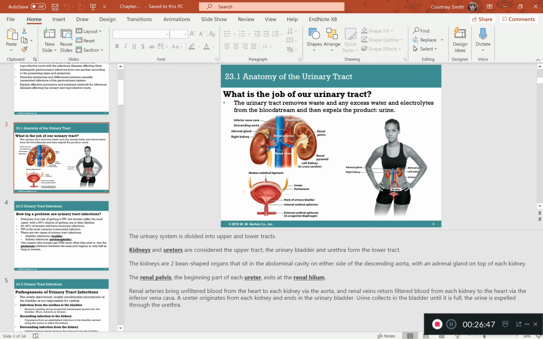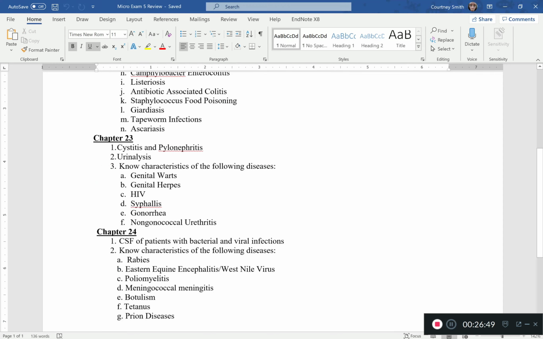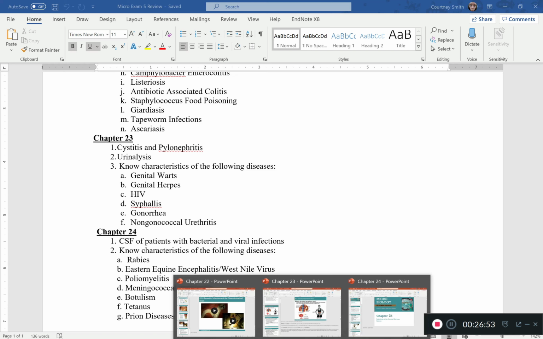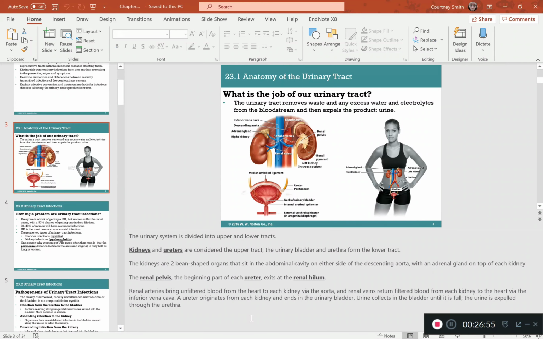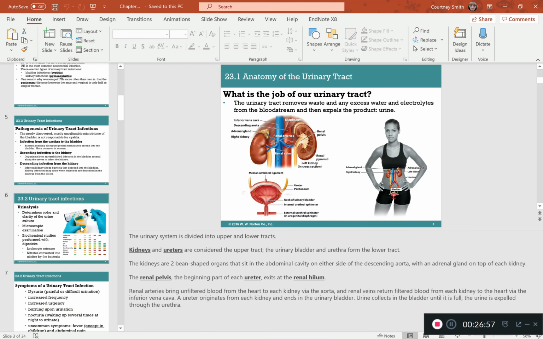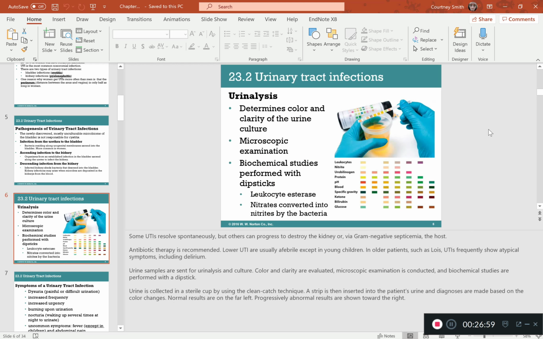Okay, so I went over the two differences, and I do want you to know the differences between them. I also want you to know how to read a very, very basic urine analysis. I might throw up something like this on the exam. I want you to be able to tell me which side is normal and which side is not normal, and based on the abnormalities, what can you conclude?